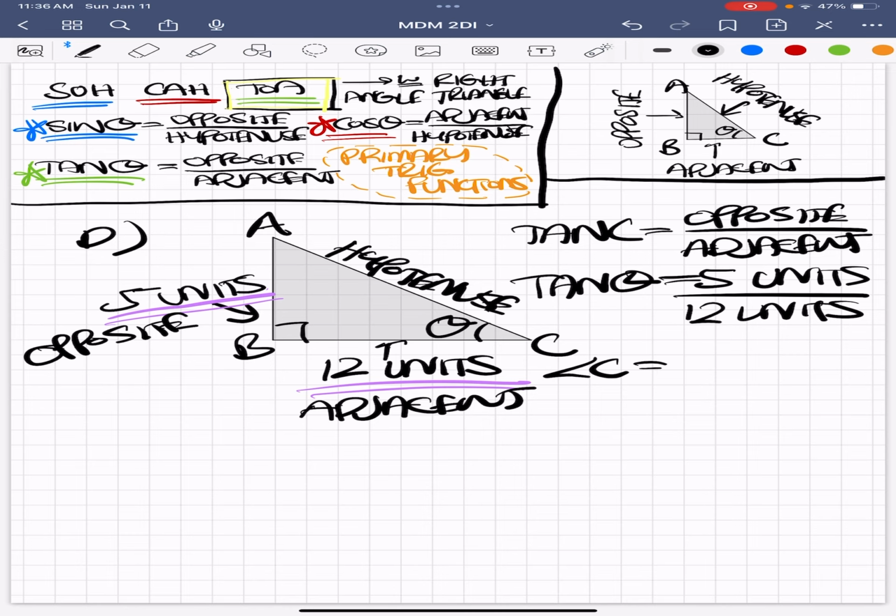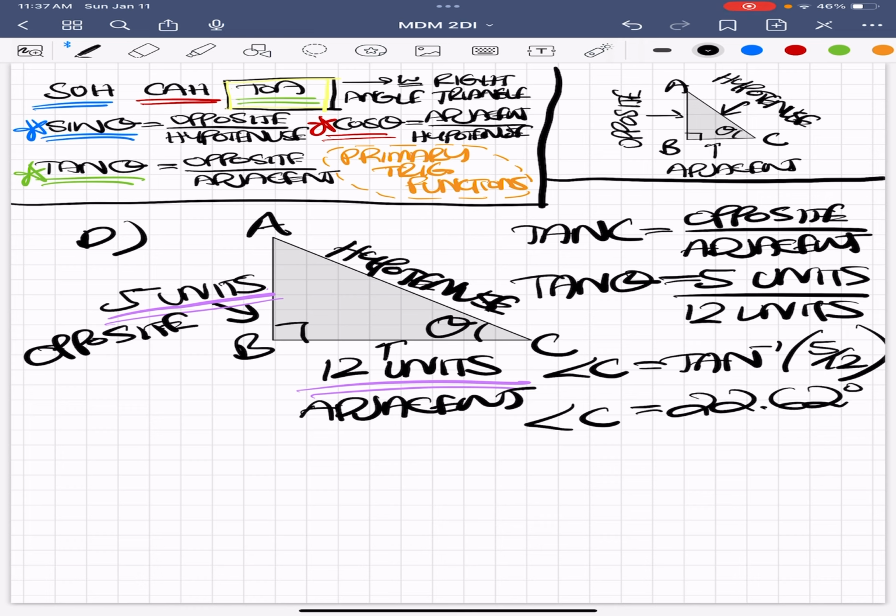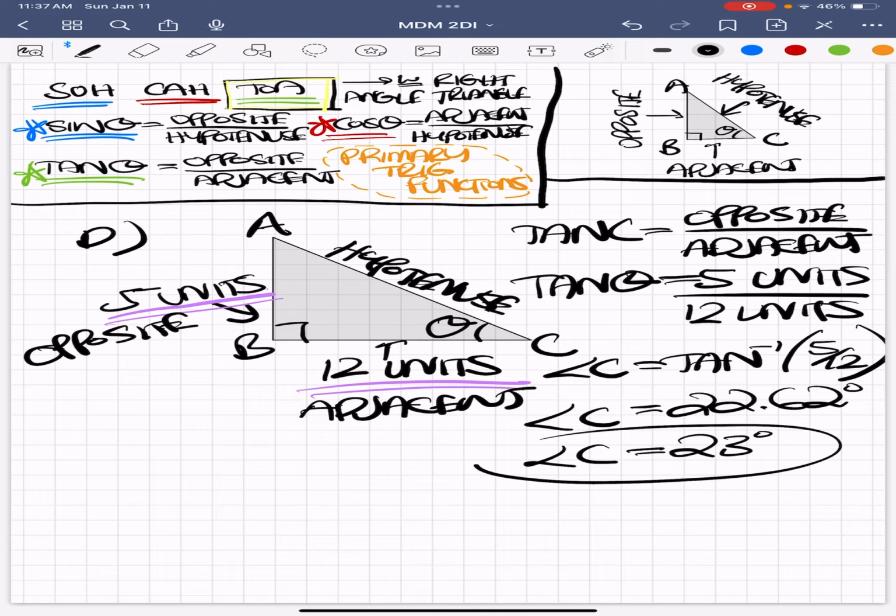We're going to take the inverse of the tan function, 5 over 12, and then we have angle C, which is 22.62, and then our angle rounded to the nearest degree, which is 23 degrees. Sorry, green.